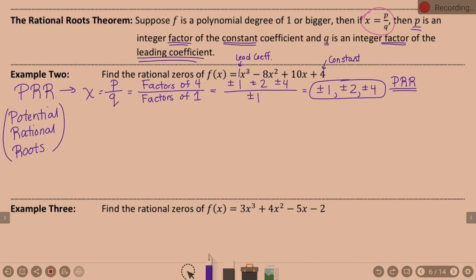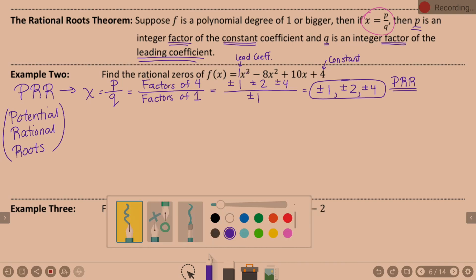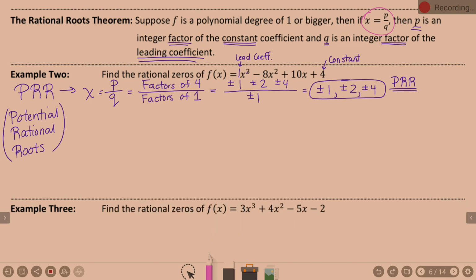Does that make sense? So graph this real quick. Okay.